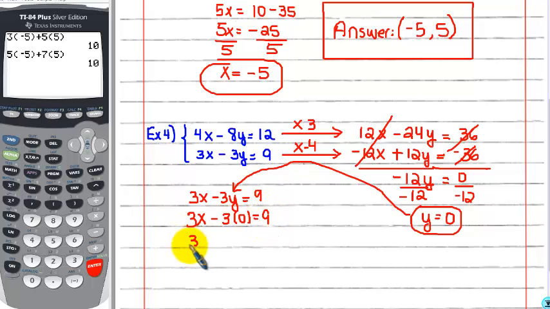And so this would be 3x. 3 times 0 is 0, so 3x minus 0 equals 9. Now because it's 0, you don't have to write the 0, because 3x minus 0 is just 3x. Then you can divide both sides by 3. X equals 3.